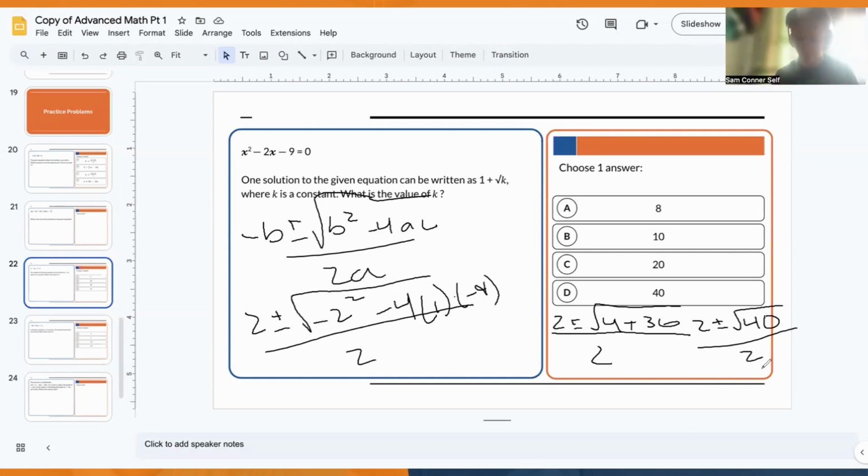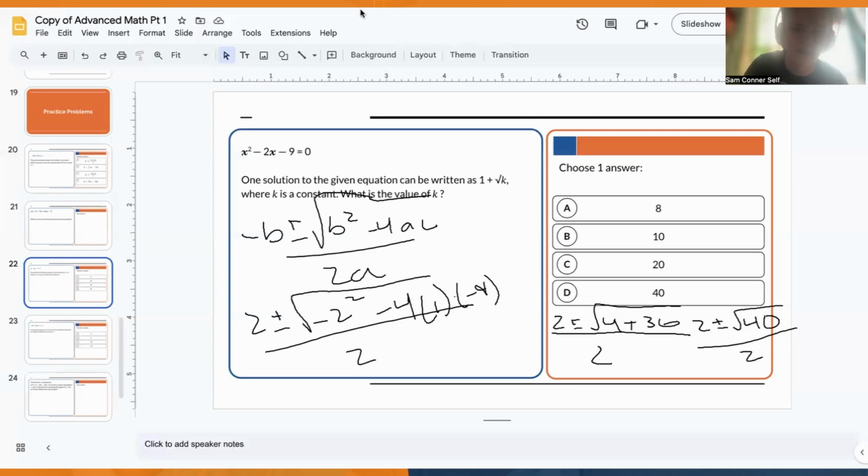And remember, this is all divided out. So, let's see if there are any answers. And then we're going to divide this 2, and let's see what people are saying.